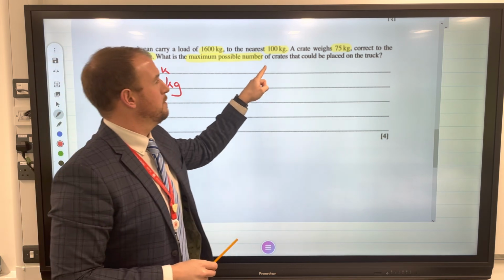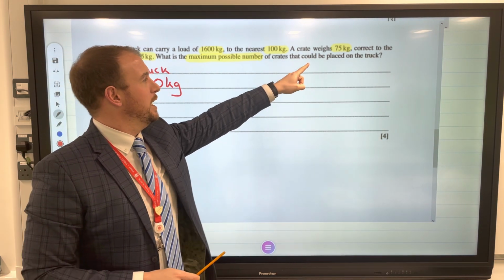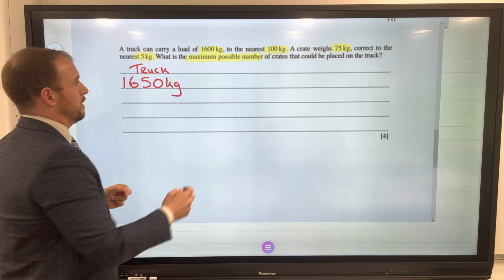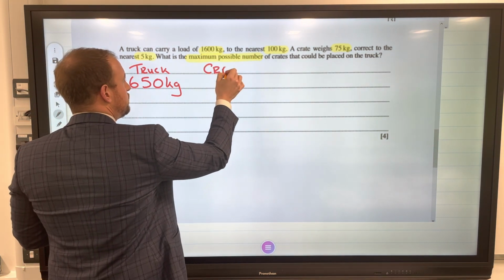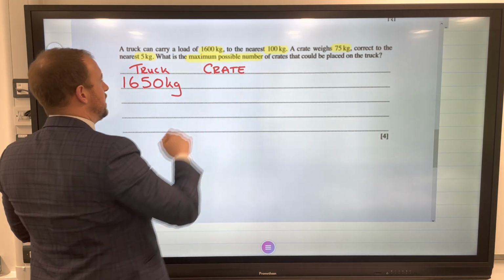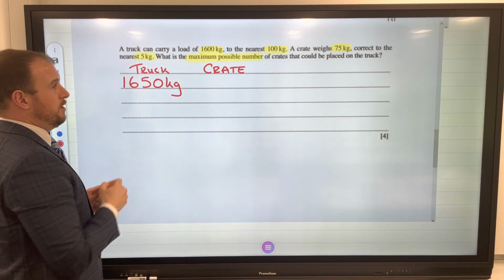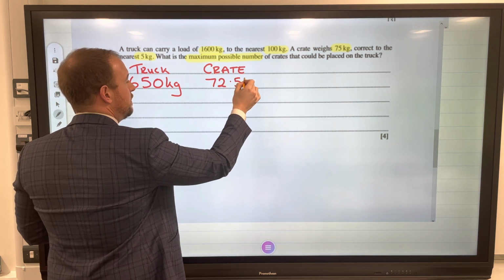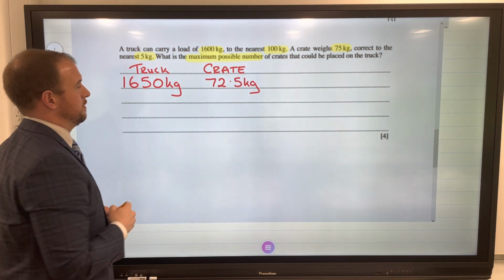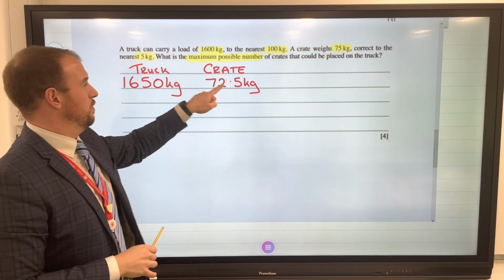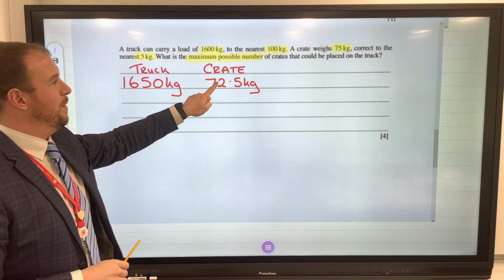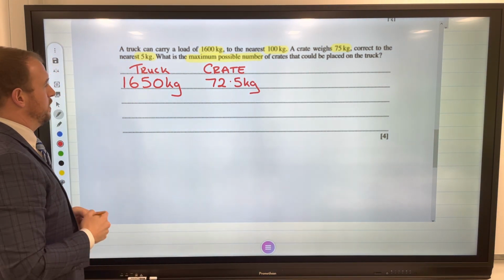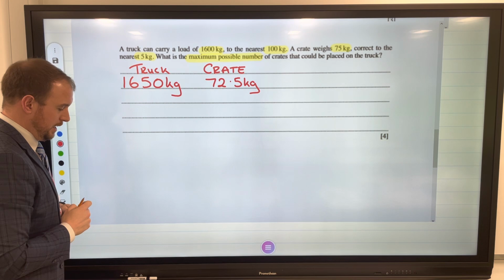We then have the crate weighs 75 kilograms, correct to the nearest 5 kilograms. But if we want the maximum number of crates, then we need to think of this crate as the least possible weight. So the crate, 75 kilograms to the nearest 5, the least value would be 72.5 kilograms. Okay, so these are all in weights. However, we now need to find the possible number of crates, and the way we do that is by dividing these numbers here.